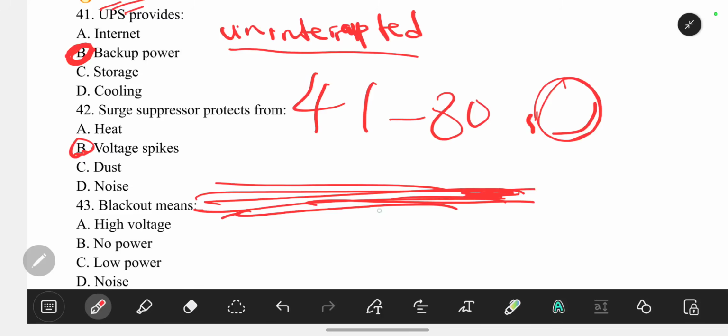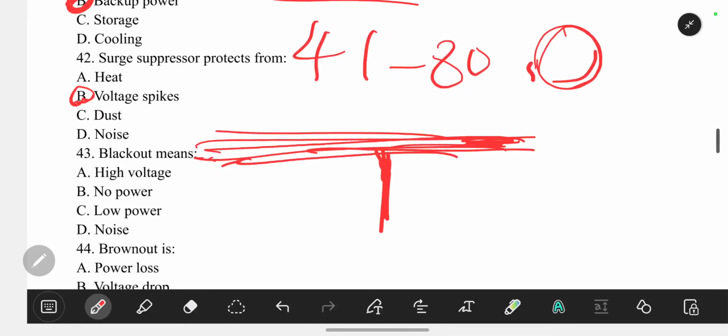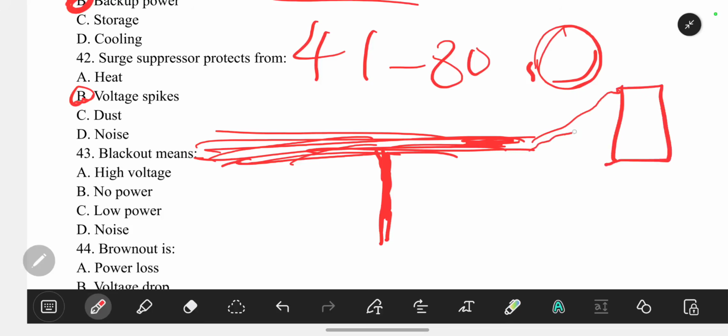So what it does is that it either sends the excess voltage into the ground so as to prevent connected devices from being destroyed, or it can absorb that charge, depending on the charge and the outcome, to prevent the damage of those devices.